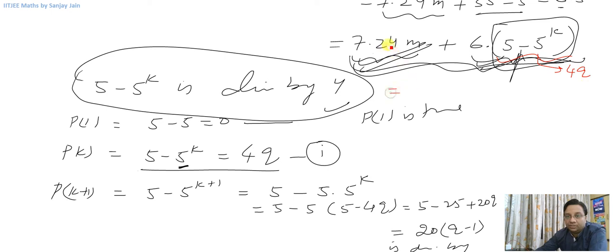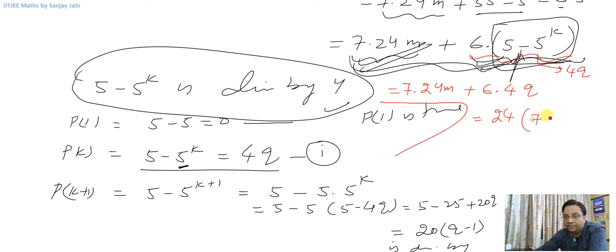So this term, if I write it as 7 into 24m, this term I can write as 6 into 4q. Now if you see, 24 can be taken outside and inside I'll have 7m plus q, right? So this is divisible by 24.